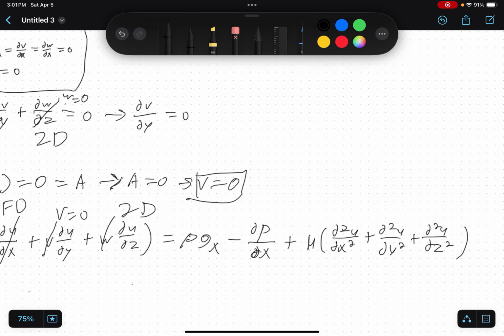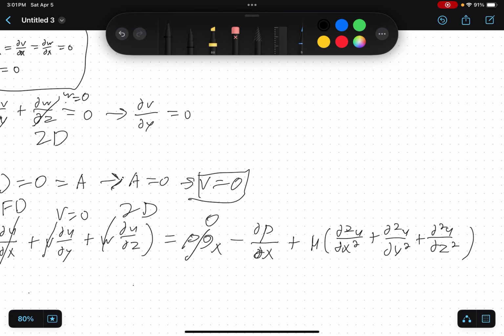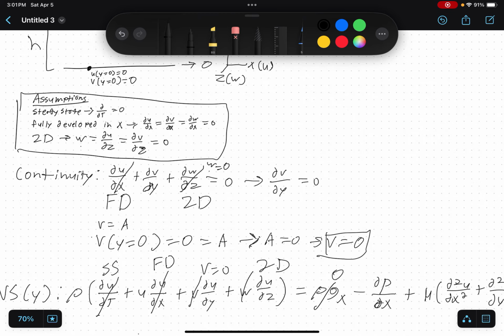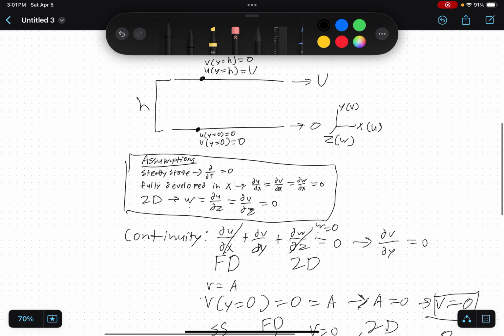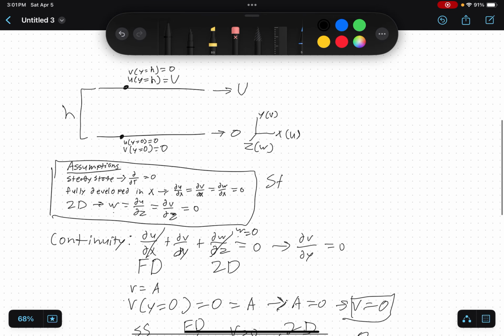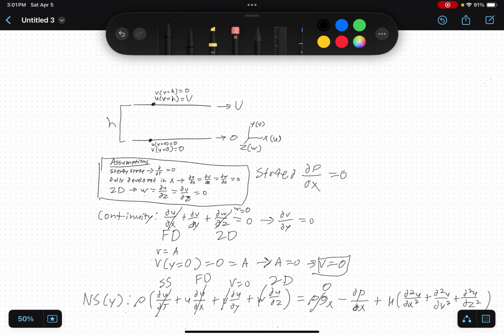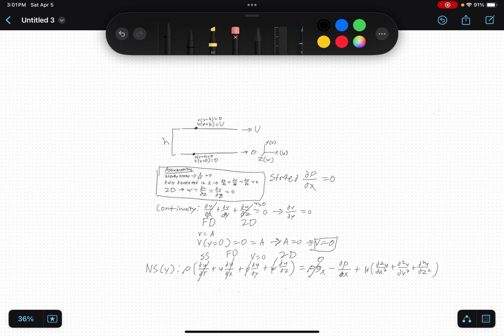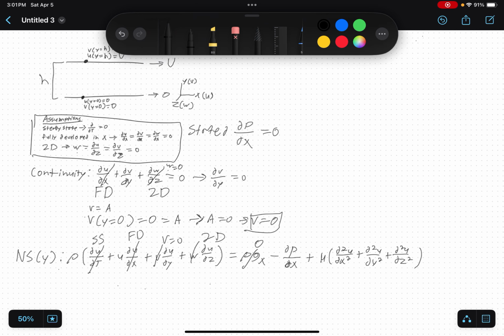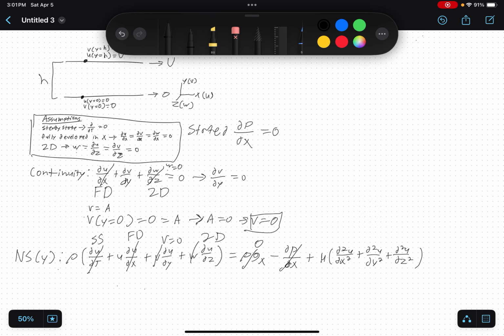So there's no gravity in this direction. dp dx, in this problem there's none. That's technically supposed to be stated, you would get that stated on an exam or something. So that's 0.